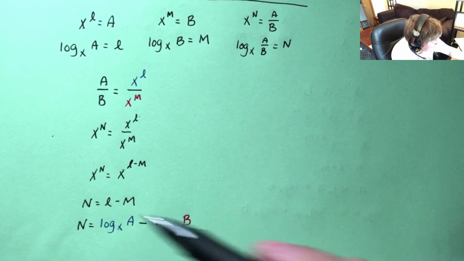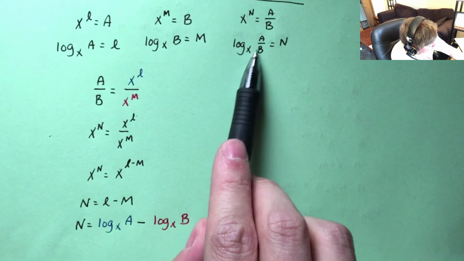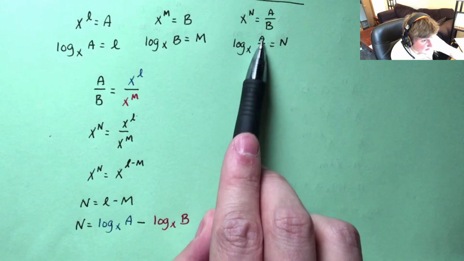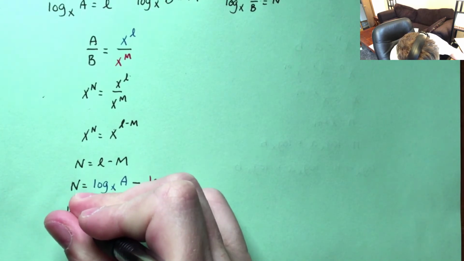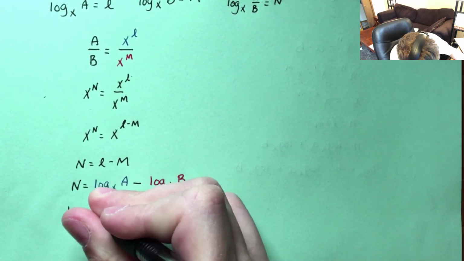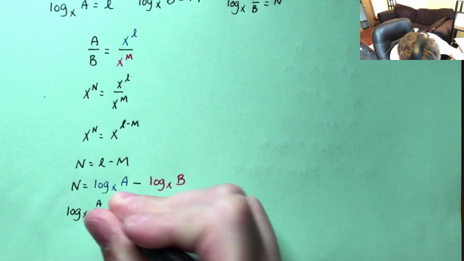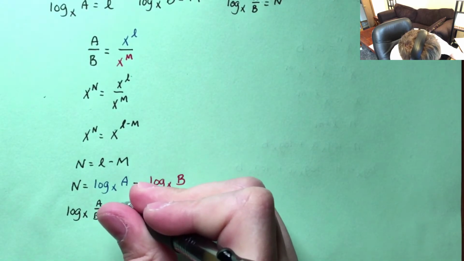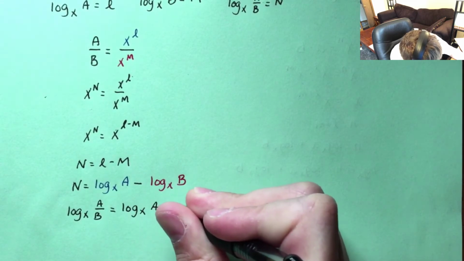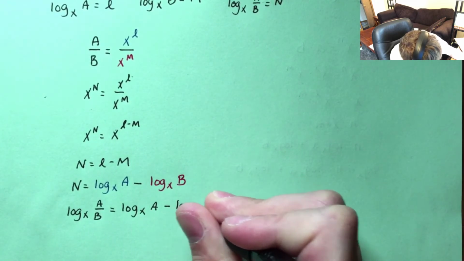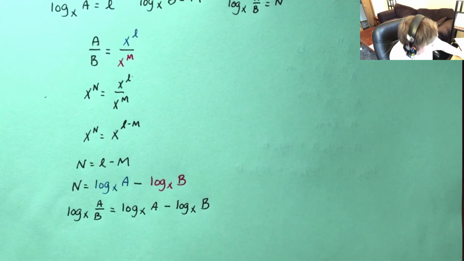And that's all equal to n. Well, n is also equal to this logarithm base x of a divided by b. So that's equal to log base x of a minus log base x of b.